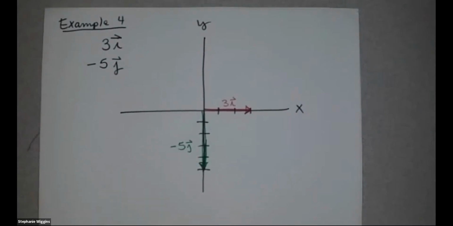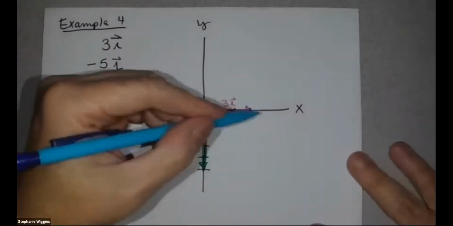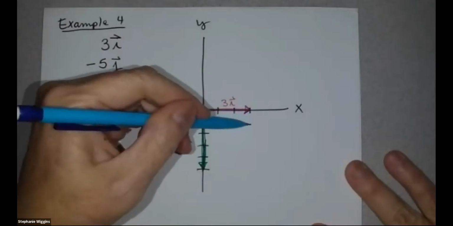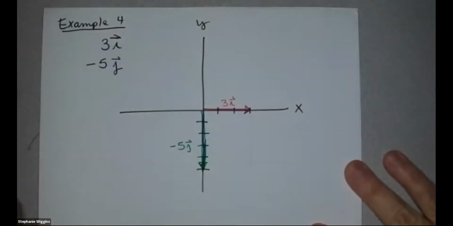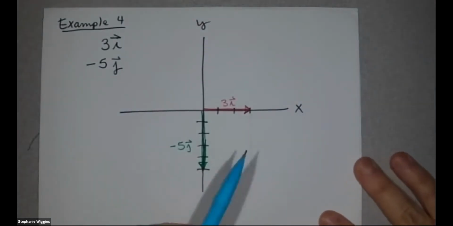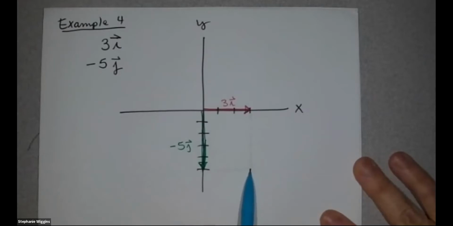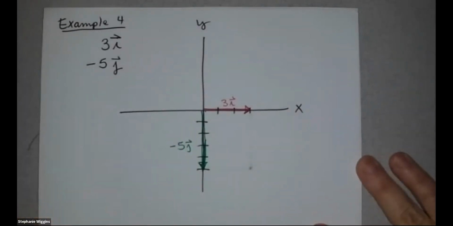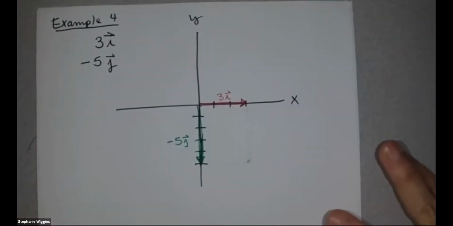Now, when we add two vectors, what you do is you form a triangle. So I'm going to draw, rectangle, not triangle. So I'm going to draw a rectangle here. Okay. Well, this takes me to a point out here. This is (3, -5). Okay. And then I'm going to draw, let's use purple instead.